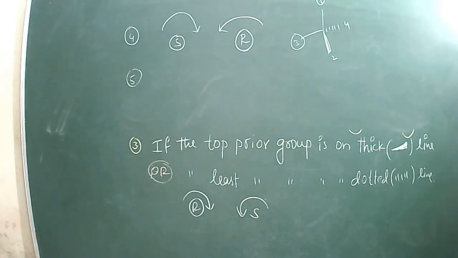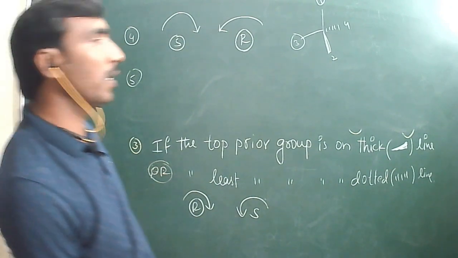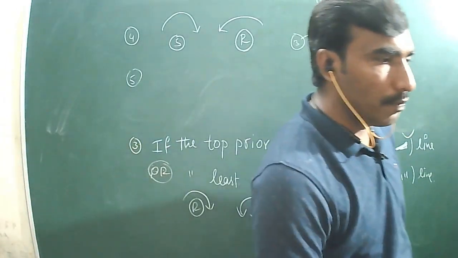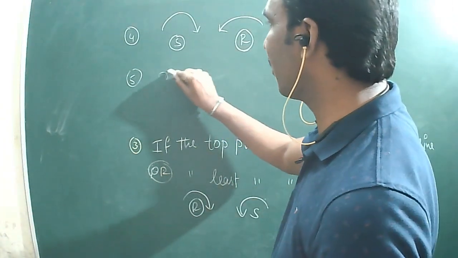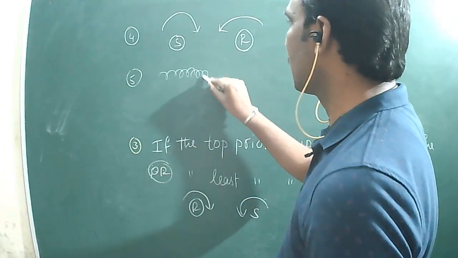Fifth one, write down. If improper orientation is present, improper orientation means they will give like this one, spring like one.